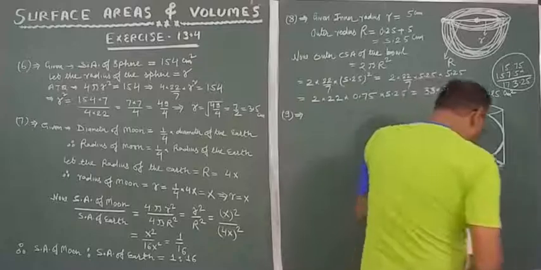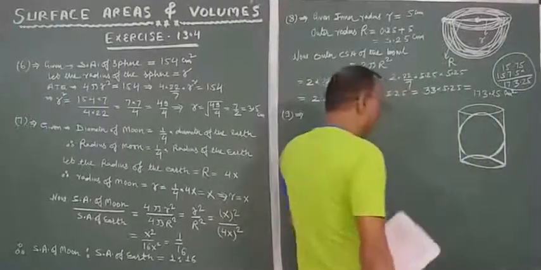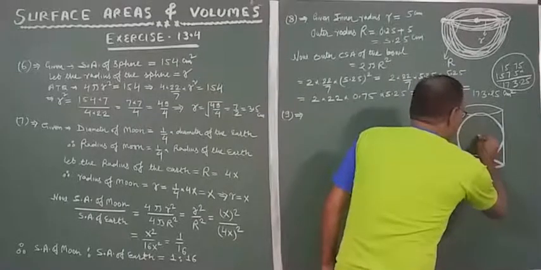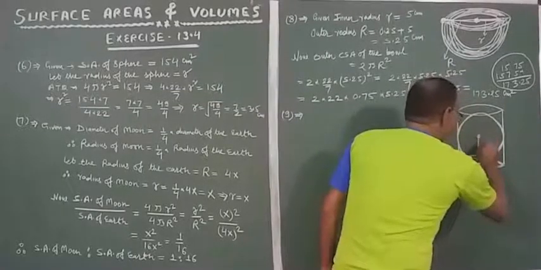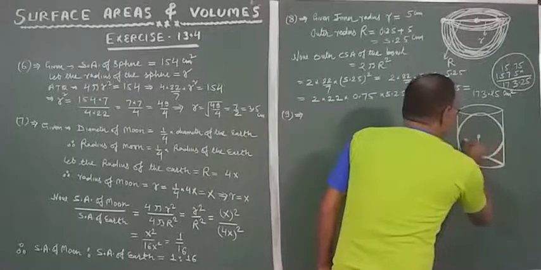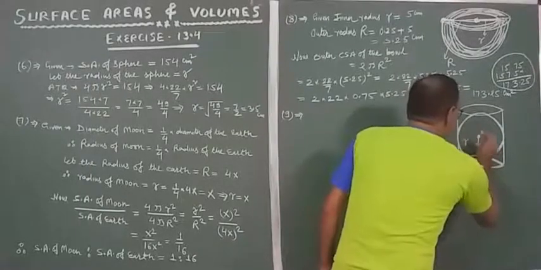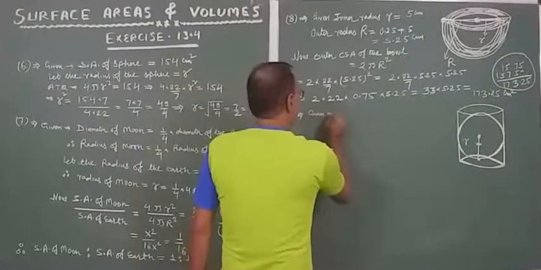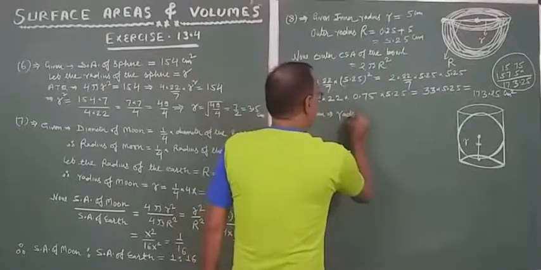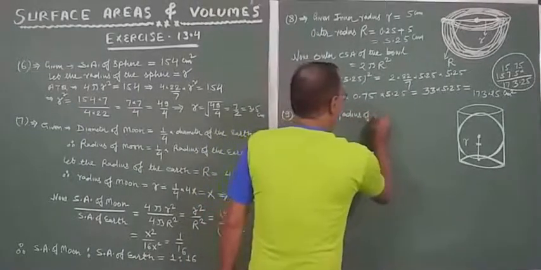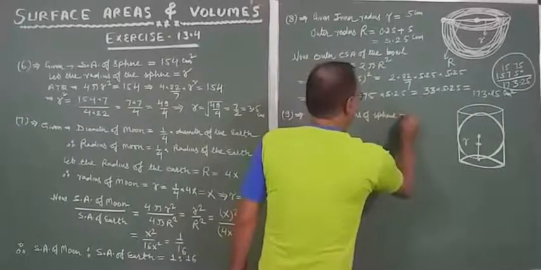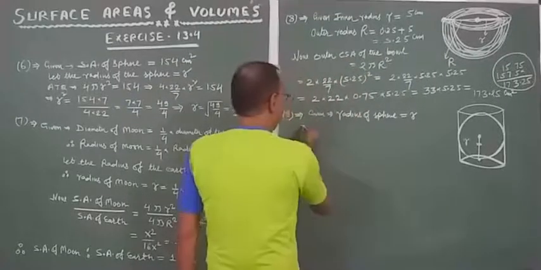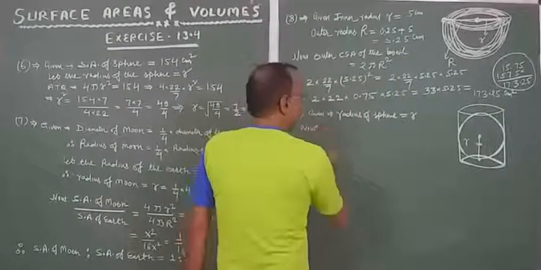The question is: a right circular cylinder just encloses a sphere of radius r. The radius of the sphere is given as r. Now this is the cylinder.